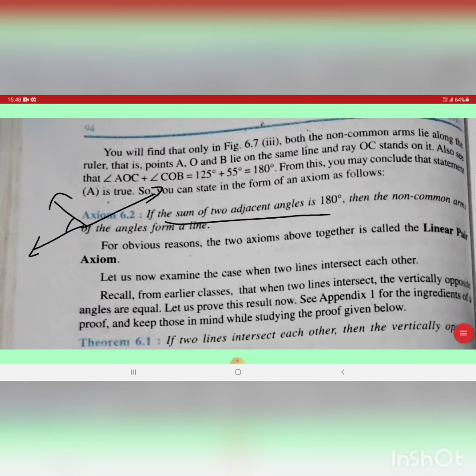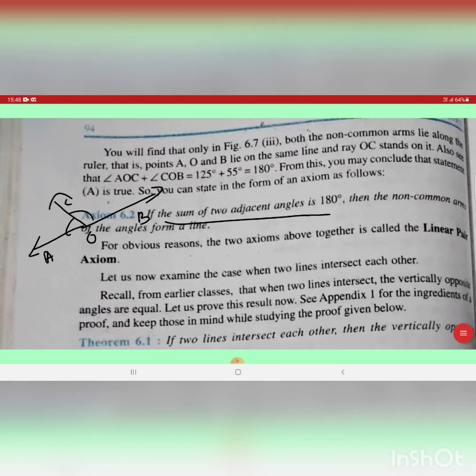Suppose their sum is 180 degrees. Then the non-common arms of the angles form a line. Non-common, those that are not common to both. Let us consider the angles as AOC and BOC.